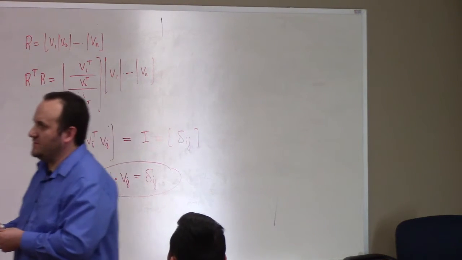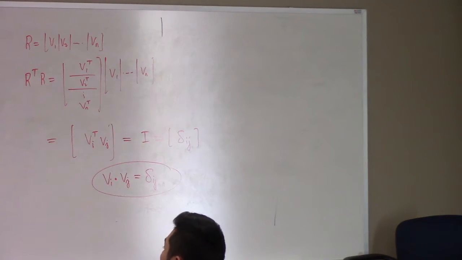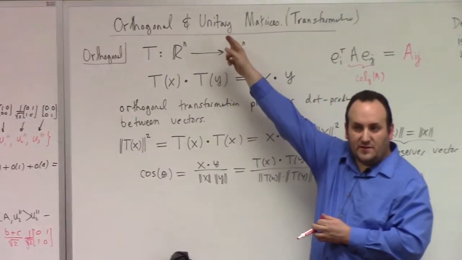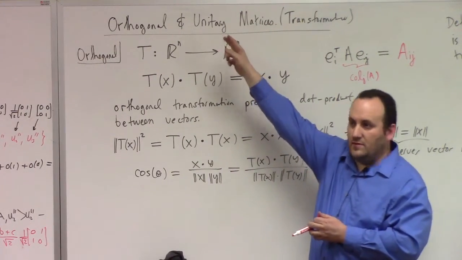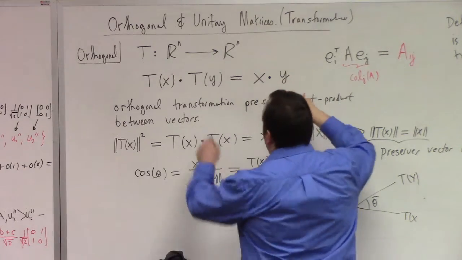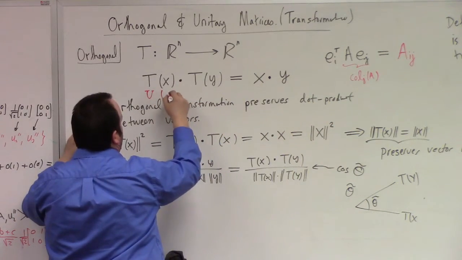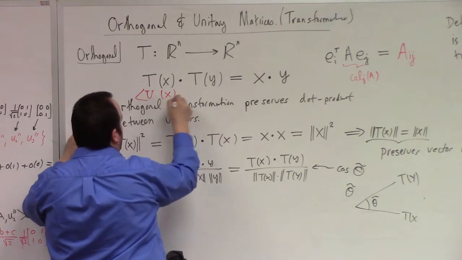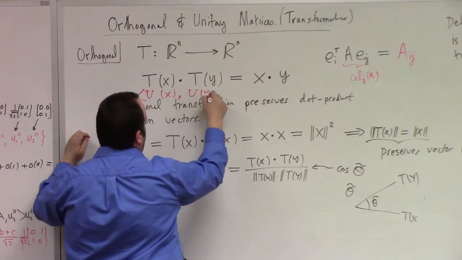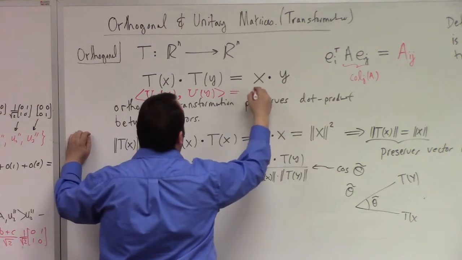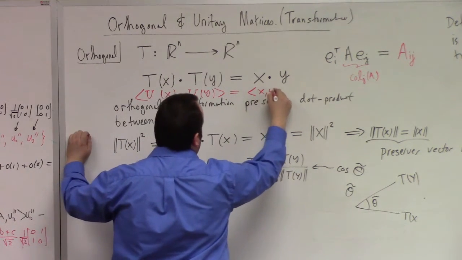I think we don't have enough time today to do the other thing, but I'll just tell you this. The unitary matrices are simply ones that preserve the complex inner product. So instead of having this, you have u of x inner product with u of y equals the inner product of x and y.